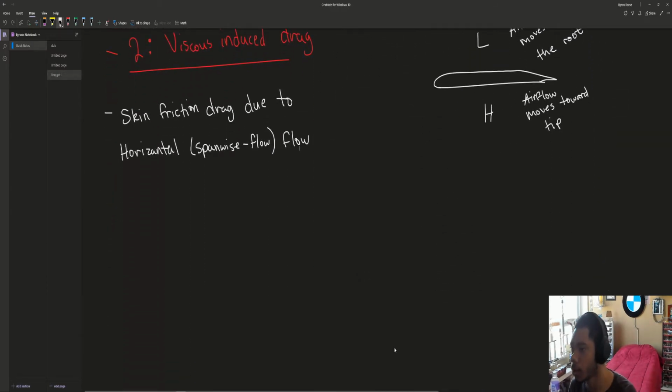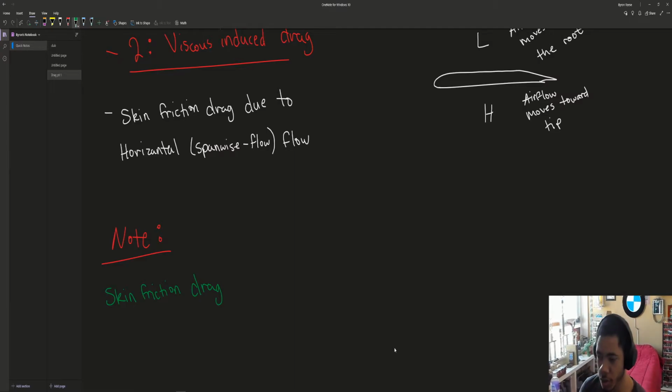Now, one thing I want to point out here is that when we talked about our first skin friction drag, it relates to the square of velocity.